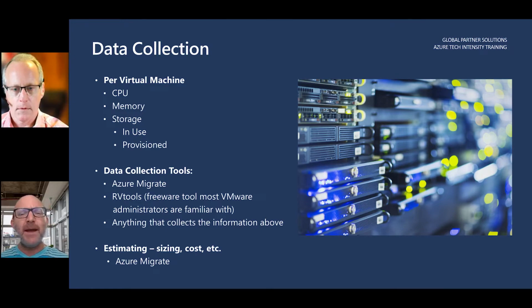So to take a step back, the first thing you need to do when you're engaging with a customer is collect data. So what we need to collect is CPU, memory, and storage in use and provisioned of their current environment. And you can do that in a few ways. If the customer knows it, they can provide it to you.